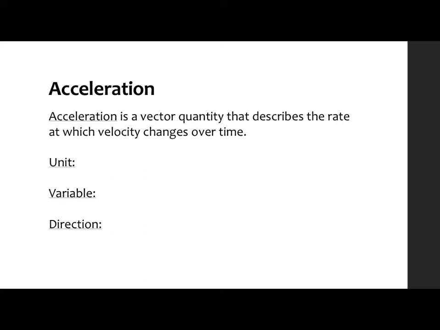So with acceleration, you're going to ask yourself, am I getting faster or am I getting slower? That means when I'm changing my speed, am I going faster, from 0 to 10 to 20, or am I going slower, from 10 to 0?